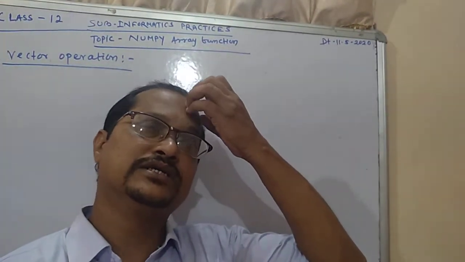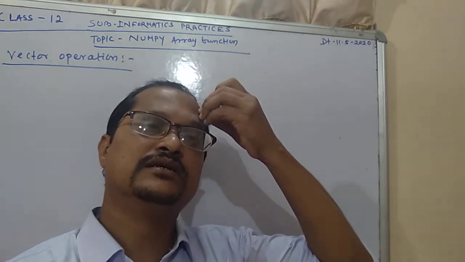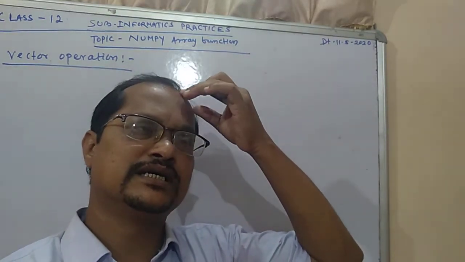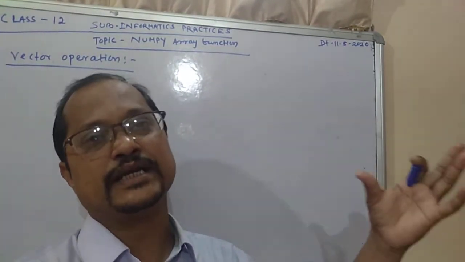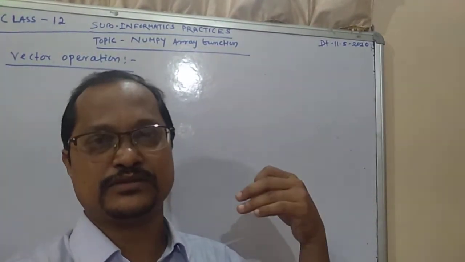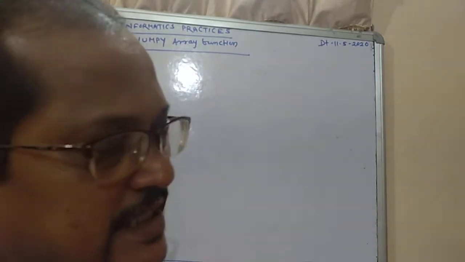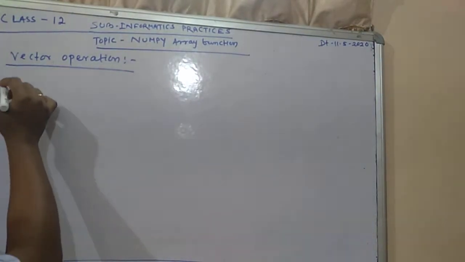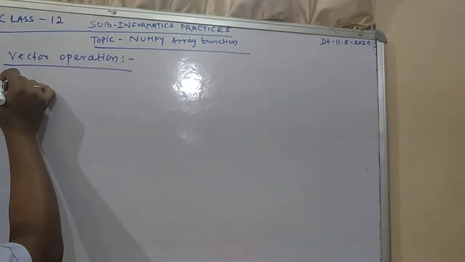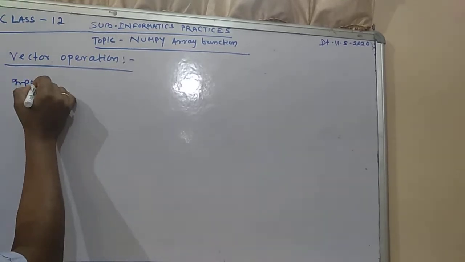In an array we can do addition and subtraction. Subtracting any number from the array elements is possible for integer data types. It is not possible for strings, but it is possible for integers. For example, just look here. Suppose import.